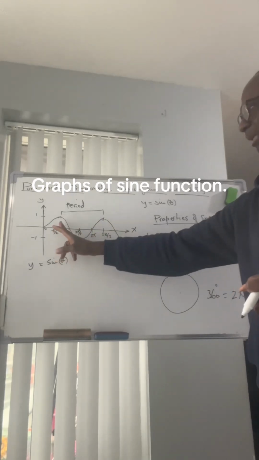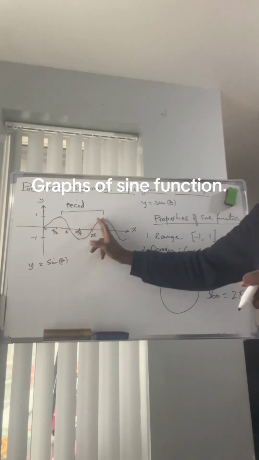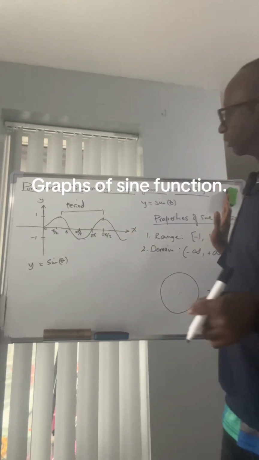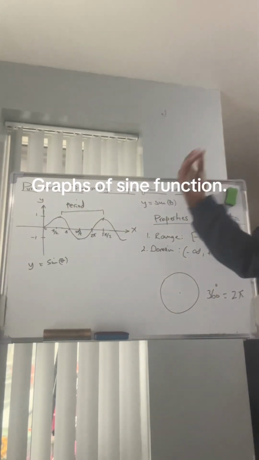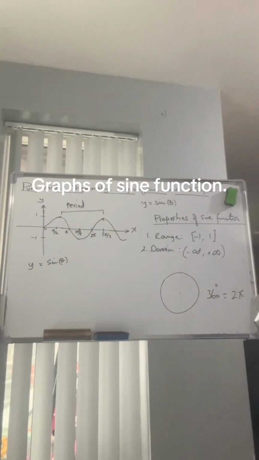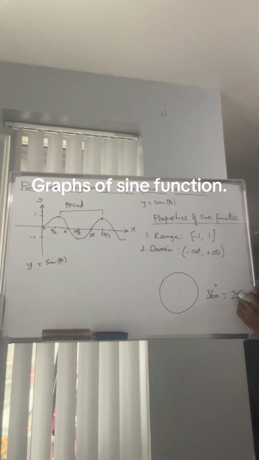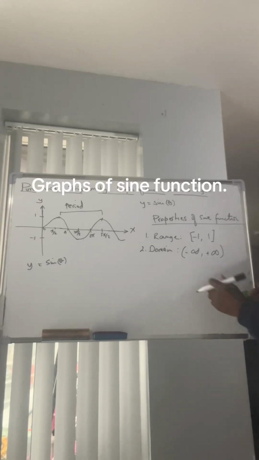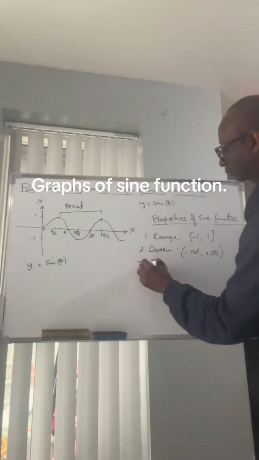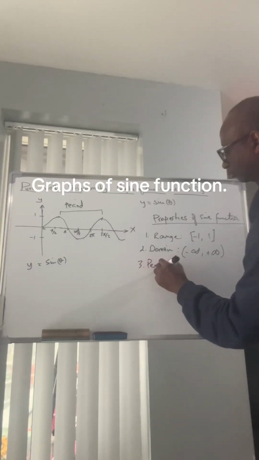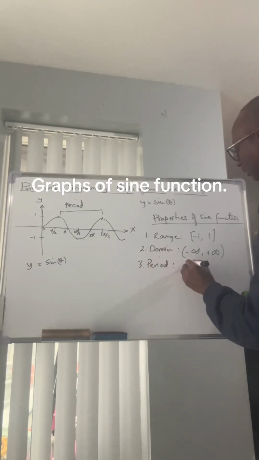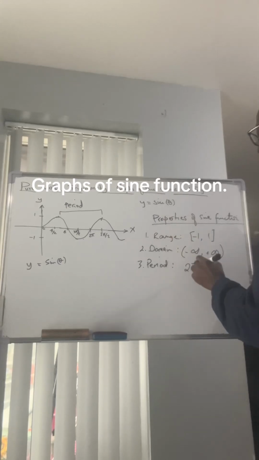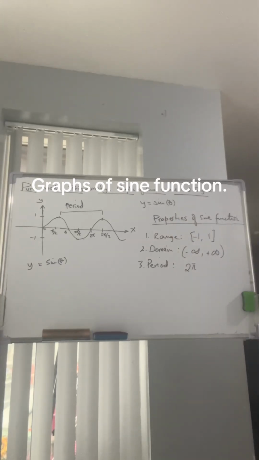Whether on the right hand side or on the left hand side, you get the same representation every 360 degrees. So its period is 2 pi for the sine.